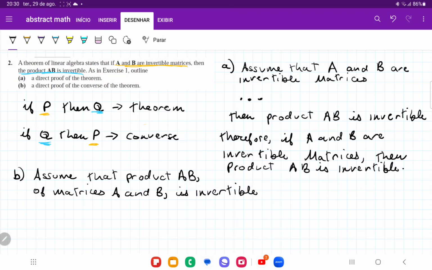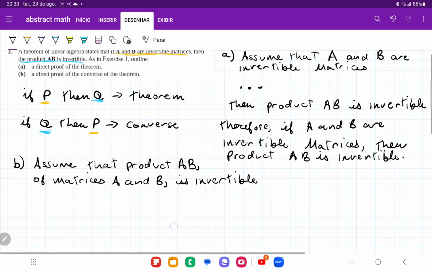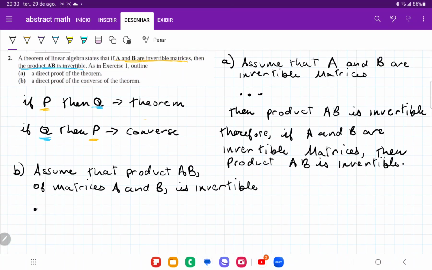So we begin by assuming our conclusion, right, that the product AB is invertible, and then we would develop this, and then we would say then the hypothesis. So we'd say then A and B are invertible matrices.